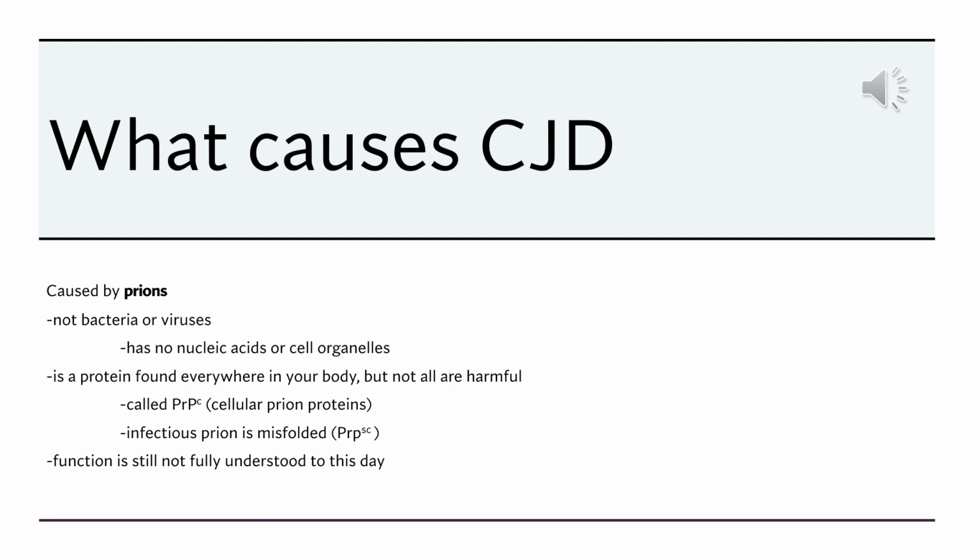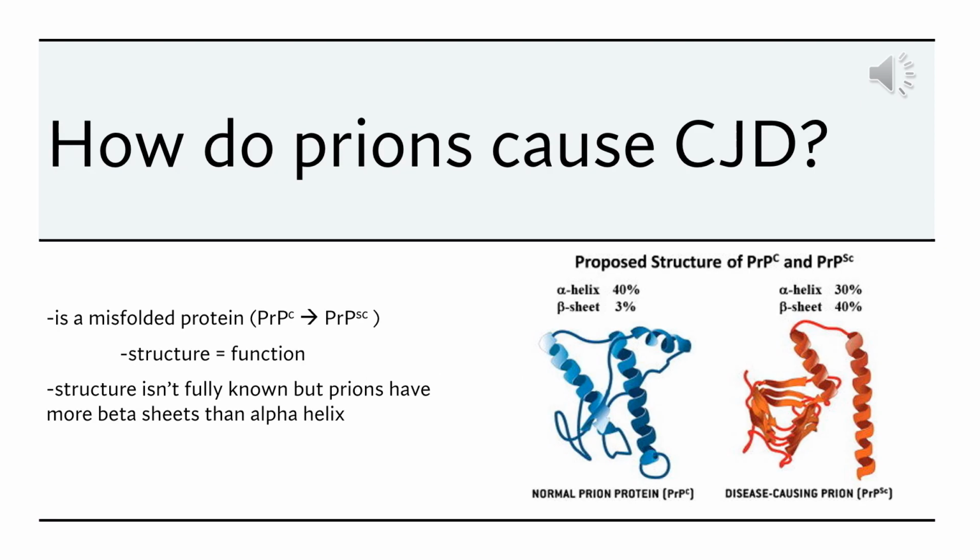The non-harmful ones are called cellular prion proteins, or PRPC for short, and the infectious prions are called PRPSC, and they are actually misfolded. To this day, the function is not fully understood. We're not sure about any virulence factors or metabolic characteristics. It's still a mystery.